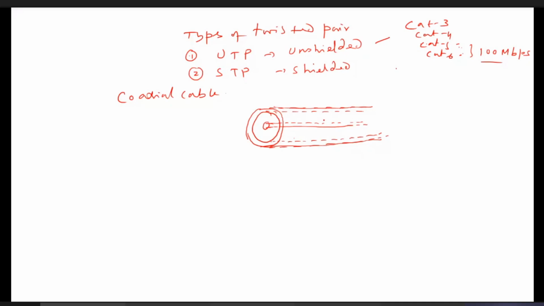Or there can be dielectric materials in between. And the whole thing is covered with a jacket or a shield, right? That is the coaxial cable. And the overall diameter of coaxial cables can be 1 to 2.5 centimeters.